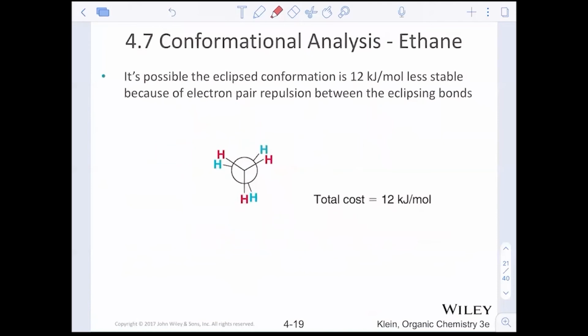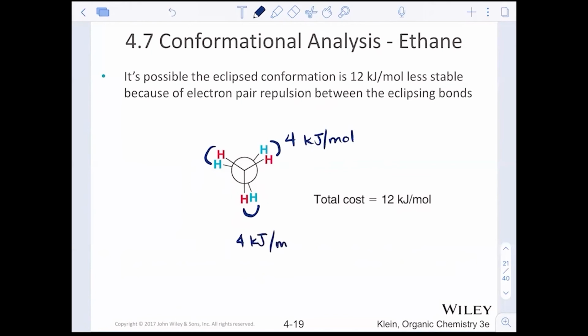What that means in reality is that the eclipsed conformation is 12 kilojoules less stable because of these two hydrogens and these two hydrogens and these two. The electrons in those bonds are closer together. So if the total cost is 12, that must mean each eclipsing pair costs 4 kilojoules per mole.